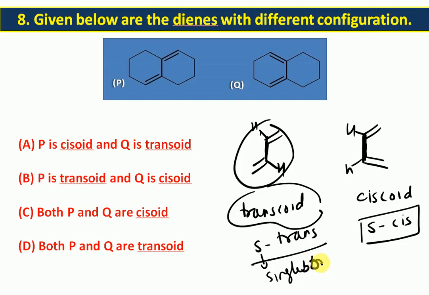So stereochemistry around single bond is trans, it is transcoid. When it is cis, it is called as ciscoid. So here we can see the transcoid geometry is given, and here it is ciscoid geometry. So by this we can check the correct option. P is transcoid and Q is ciscoid. It was a very important question as far as university and competitive examinations are concerned.